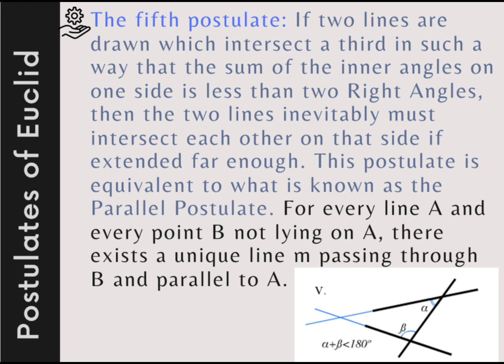It says that if two lines are drawn which intersect a third in such a way that the sum of these inner angles on one side is less than two right angles, then the two lines inevitably must intersect each other on that side if extended far enough. So this is also called the parallel postulate, since it's about lines parallel to each other.